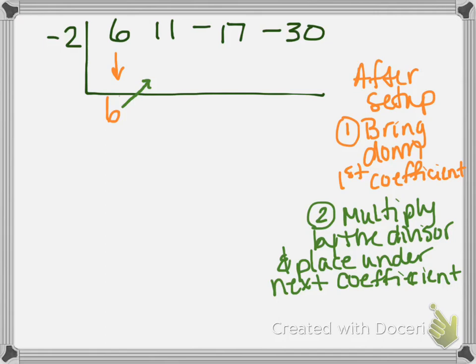The divisor is -2. So times -2, and then that answer is going to go right under the next coefficient. So this is -12.